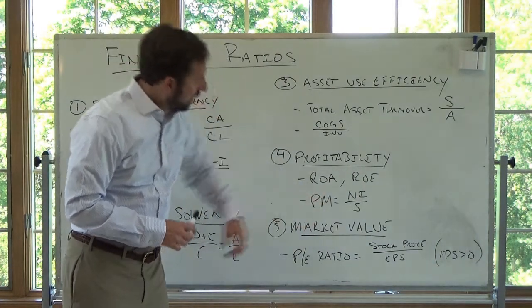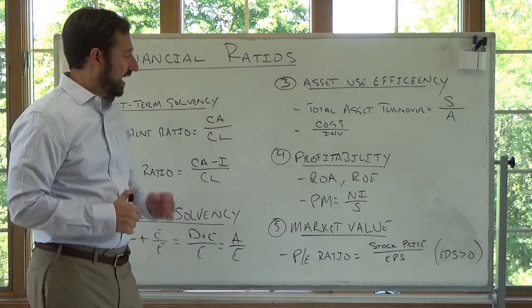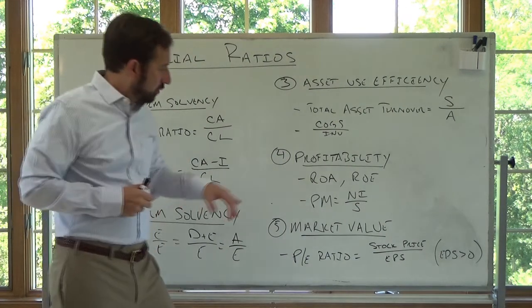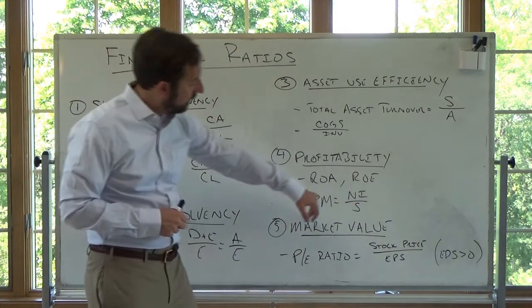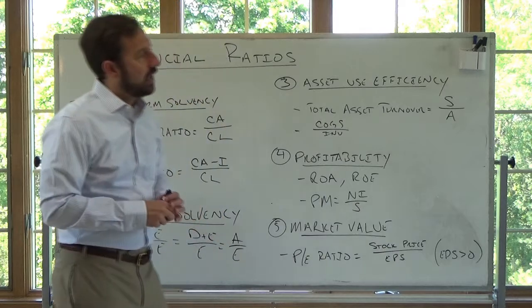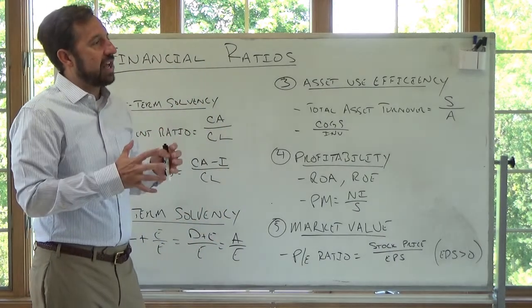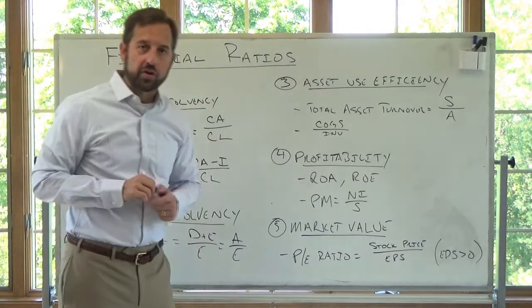The other important one here, I'll mention profit margin. So this, again, profitability measures. We have net income as a numerator, both of these, net income as a numerator here. In profit margin, we have net income over sales. So what this is saying is how well do you control your costs?